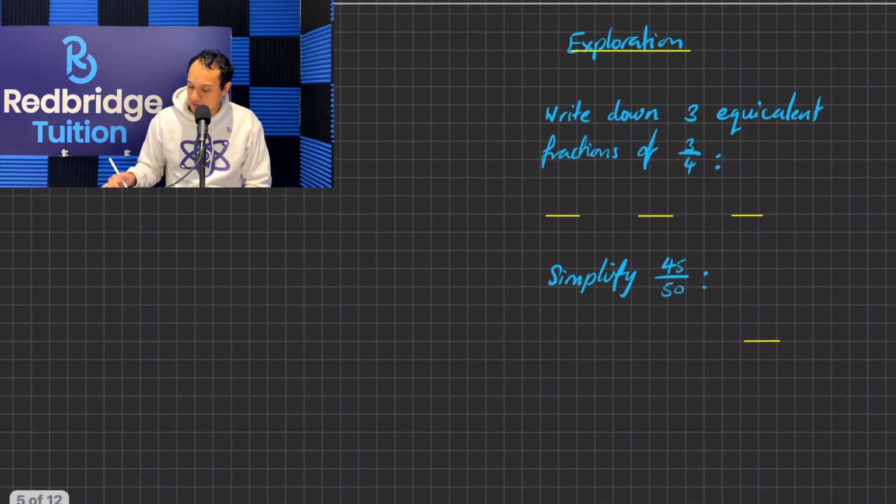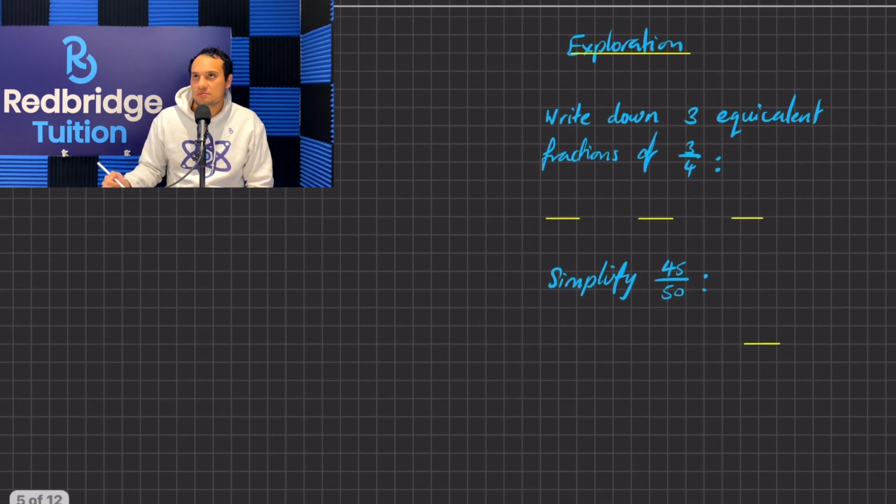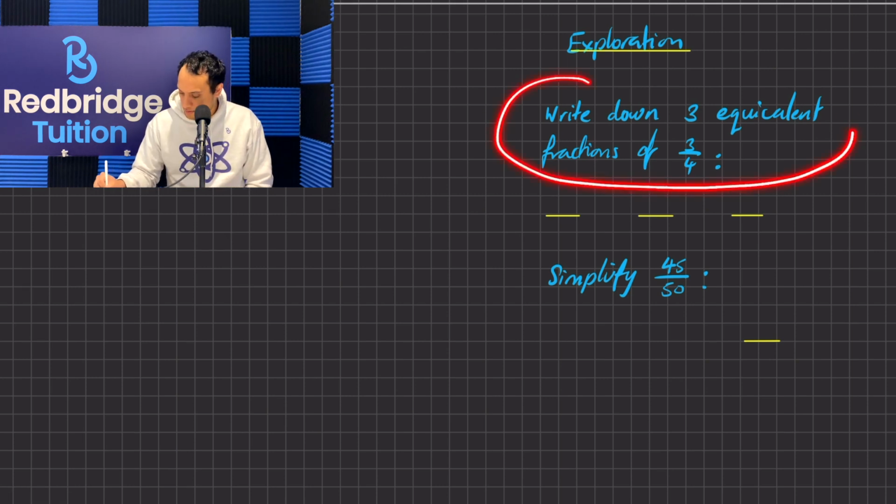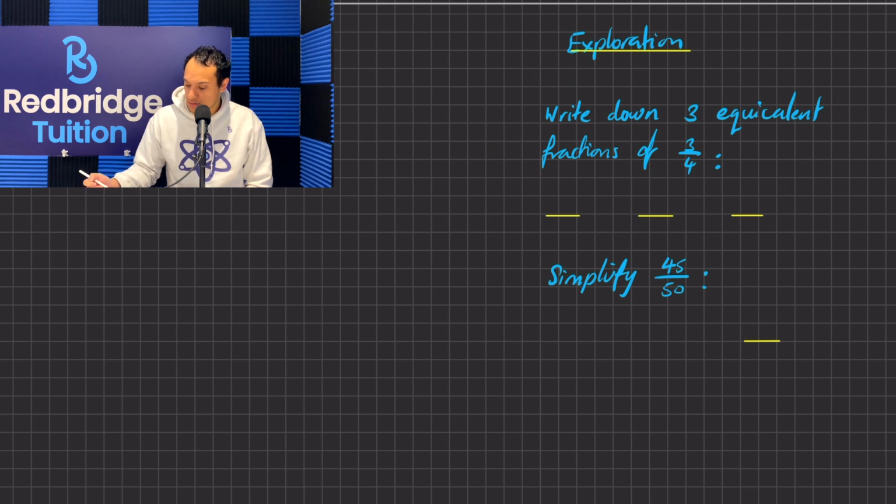Let's explore this idea a little further with a sort of exam style question. Write down three equivalent fractions of 3/4. So in this one, because 3/4 is already in its simplest form, what we need to do is multiply.